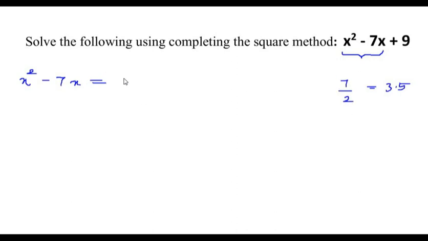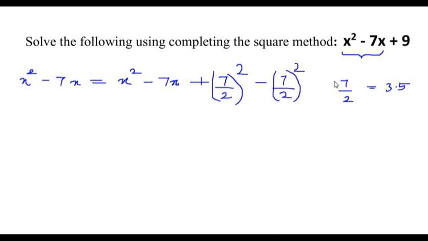So now what I'm going to do is, I'll take x square minus 7x, and then we have to add 7 over 2 squared, and we have to subtract 7 over 2 squared. The same way, if you want to keep it as a decimal, you can just write here 3.5 square minus 3.5 square. It's totally up to you.